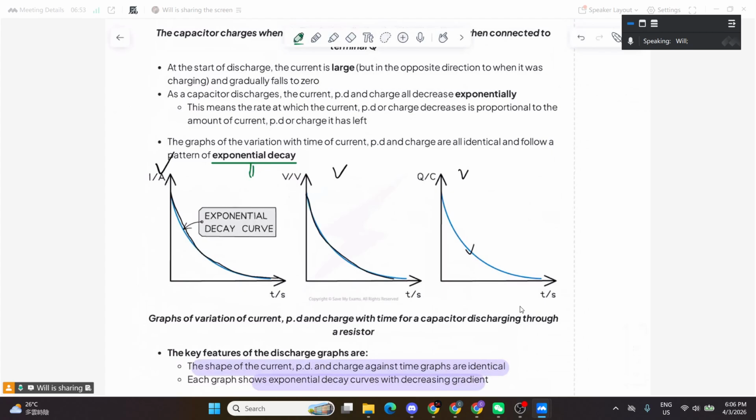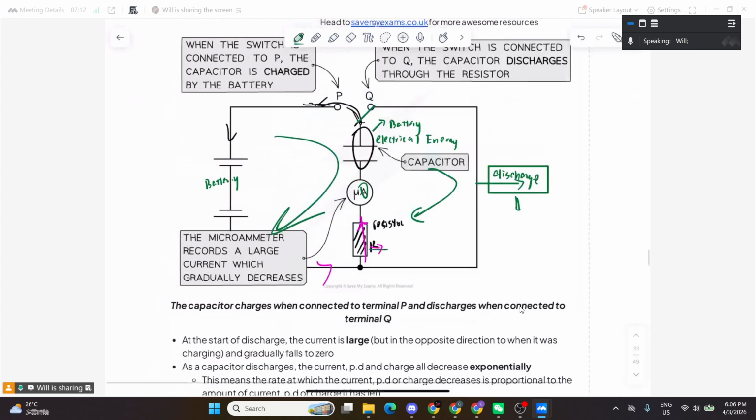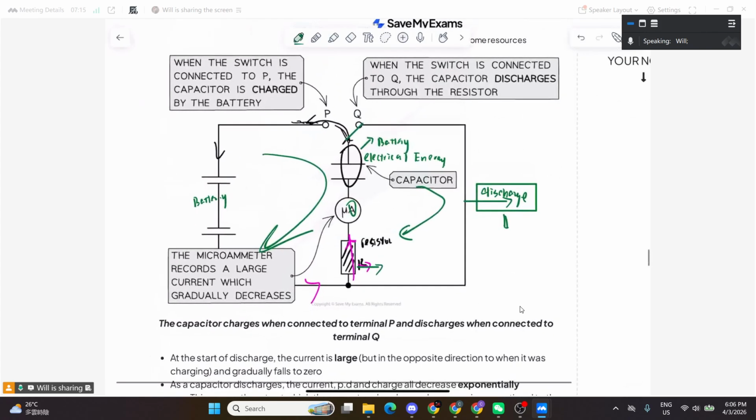I just want to say, when the capacitor discharges through a resistor, at first the voltage across the capacitor is high.